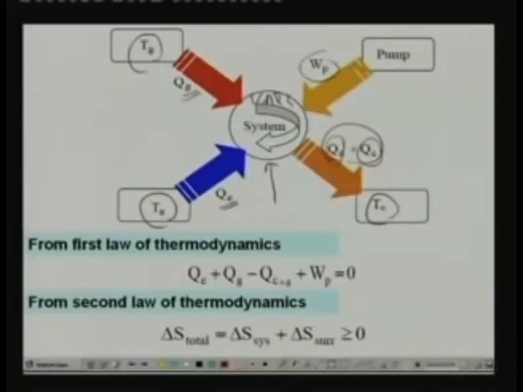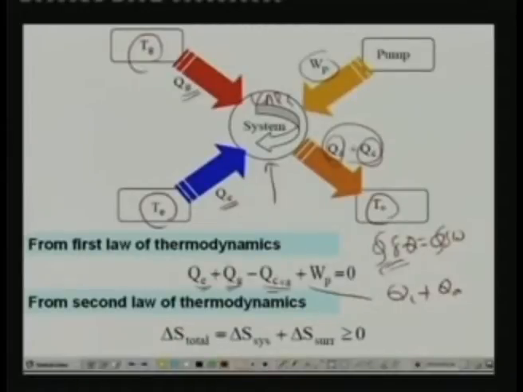If you apply the first law of thermodynamics, for the cycle the net energy change is 0 because the working fluid is undergoing a cyclic process. So you can write this as QE plus QG minus (QC plus QA) plus WP is equal to 0.